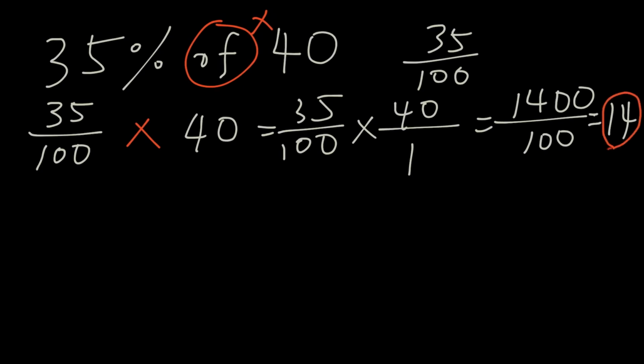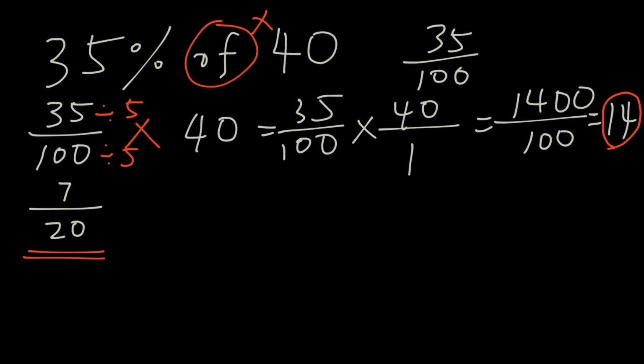Now, what if we want to do it the simplified version? So 35 over 100, we can divide by 5, and so that could become 7 over 20. Because we are dividing the numerator by 5 and the denominator by 5, which is how we got 7 over 20.